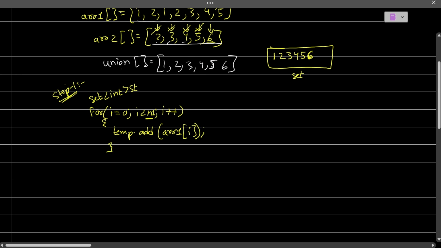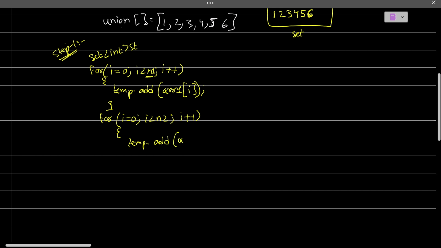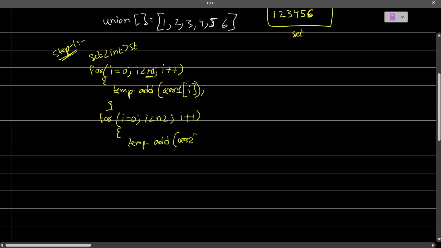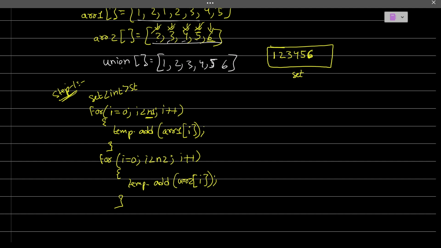For the second array, I say i equals 0, i less than n2, i plus plus. Then temp dot add array two of i. So this is all. Step one is all. We have added all union elements to the set, right?